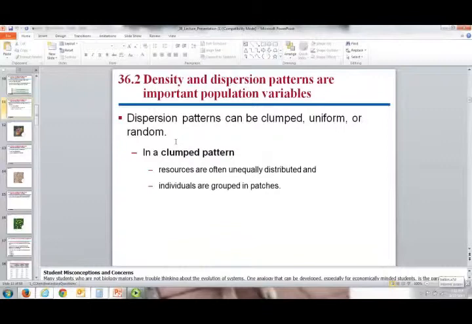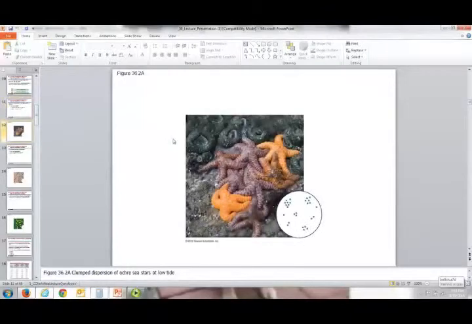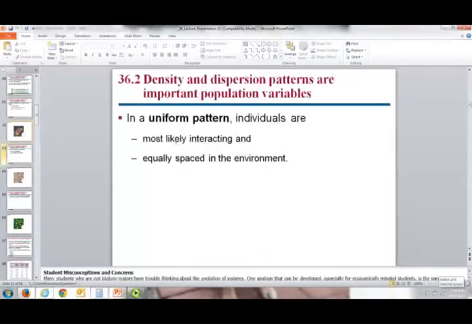A clumped pattern, where you have groups of organisms living in certain areas but not evenly dispersed, usually indicates that the resources are unequally distributed, because they generally hang around food. So you'll see individuals grouped in patches, often around the food. This is showing a clumped distribution of sea stars at low tide.